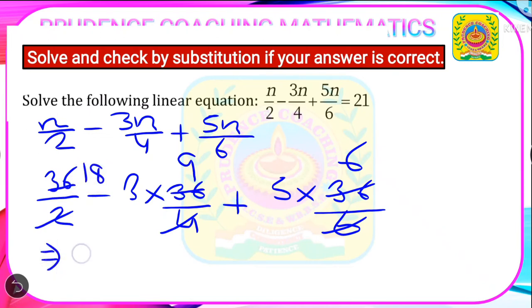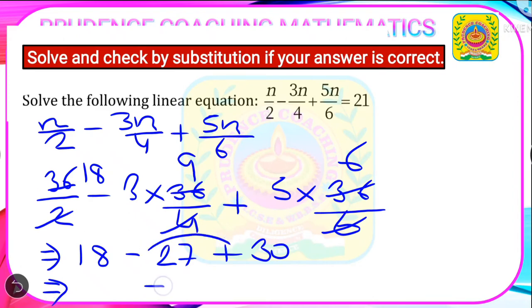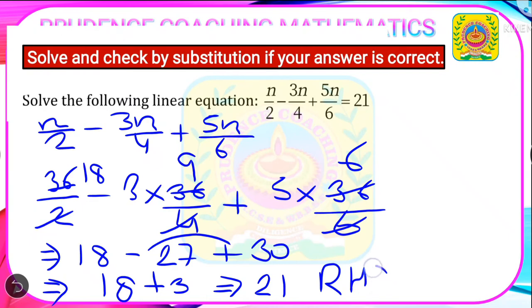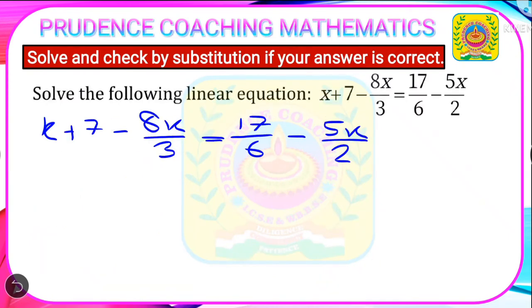So here you will get 18 minus 27 plus 30. So here if we subtract 27 from 30, you will get plus 3. So 18 plus 3 will give you 21, which is equal to the RHS. Therefore we will write LHS equals RHS. Check. Now let us start with the next one.